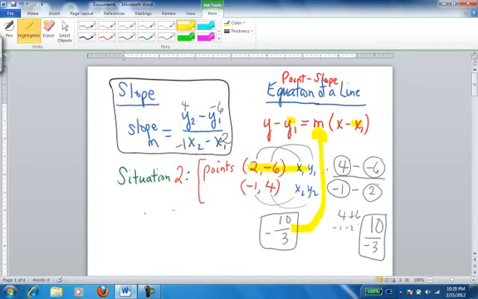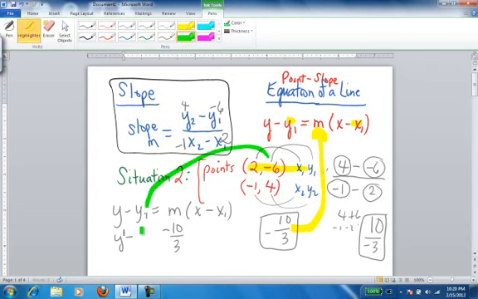So when I plug these in, I'll write this down over here so you can see it a little bit better, a little bit less cluttered. We only substitute where the subscripts are. So m, the slope, is minus 10 thirds. Y minus, the y1 value is negative 6. So I'm going to take that negative 6 and put that right there.